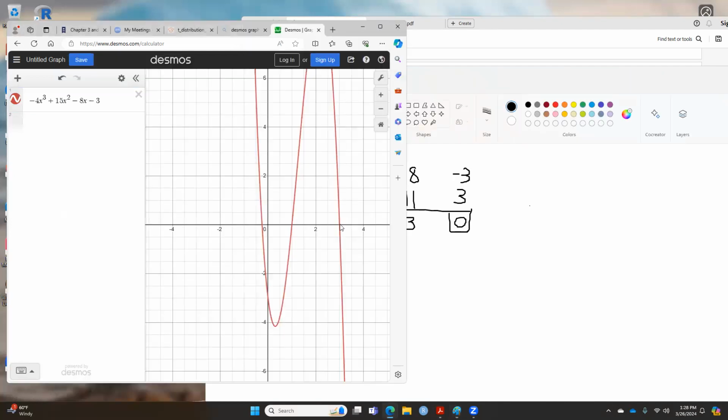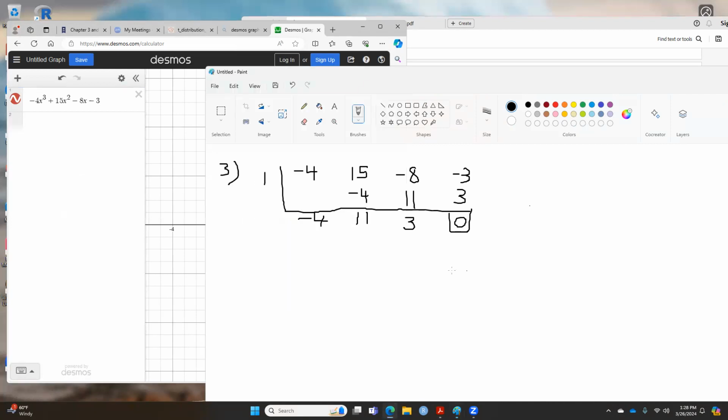Now, usually, if you are lucky, if you know what the next zero is, in this case 3, you can perform synthetic division with a 3, but this is good enough for us because the quotient that you get here is only power 2. So when you have power 2, we can factor this. And if you do not like factoring, you can use the quadratic formula here.